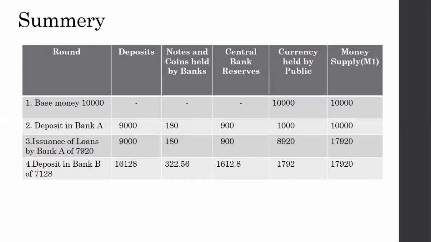So that's the difference. So no addition there. So anyway, from these few steps we can see the initial base money 10,000 has been increased up to 17,920. So that's the money creation.